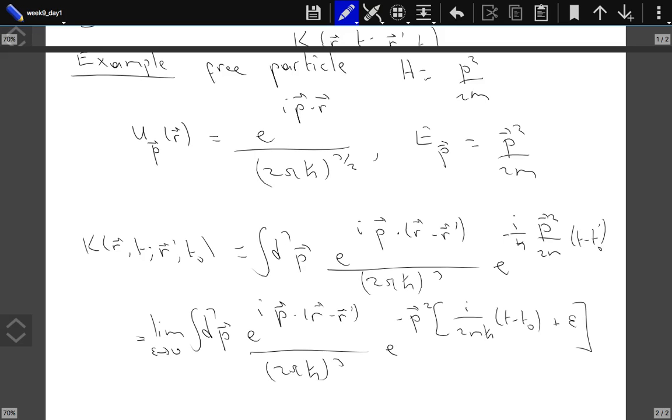But now, since I have inserted this epsilon, the contribution of those terms will be negligible. It's e to the power minus some very small number times a very huge number, that will be e to the power minus a huge number, so it will just go to 0. And eventually, when I take the limit as epsilon goes to 0, I obtain the required result.